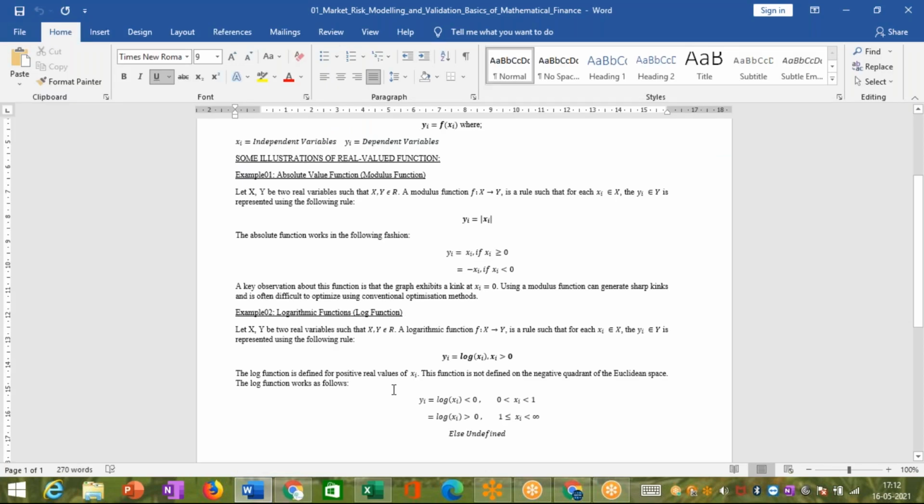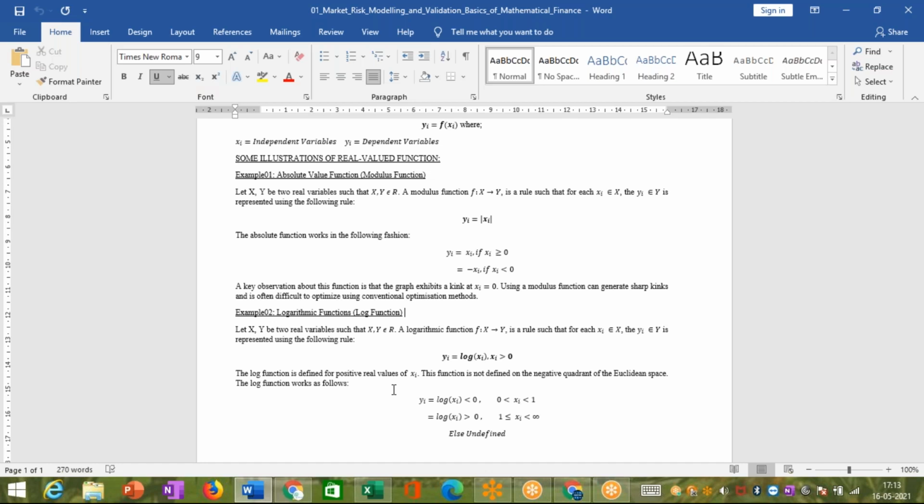Now, functions which can be used to characterize the different distributions of the key mathematical variables, for example, I want to characterize the price changes, or any variable, I want to look at the distribution. Over there, the log function becomes a very useful function, right?